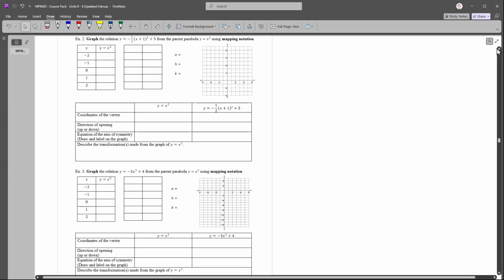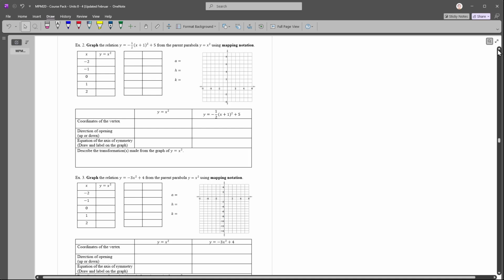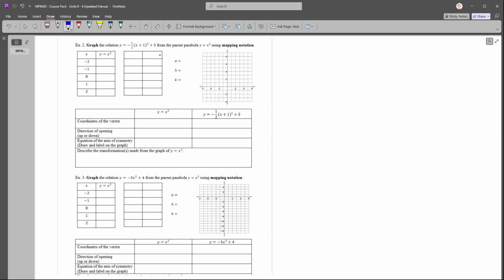So this one is a little bit more clunky because we have some fractions in here, but we still have to do all the work. So let's look at our a, h, k. What is our a? Our a is the value in front of the brackets. That's a negative 1/2. Everybody's sure excited to see that. We know we are. So that means we have a reflection in the x-axis, and we have a vertical compression by a factor of 1/2 because it's less than 1.